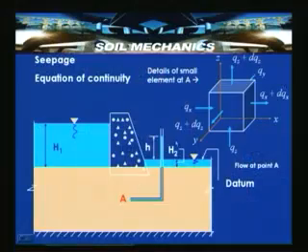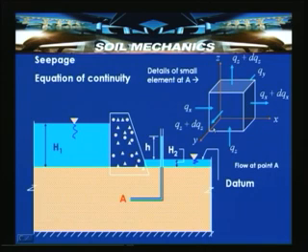But while deriving the equation of continuity, let us assume a perfectly anisotropic condition, like Kx is not equal to Ky is not equal to Kz, where Kx, Ky, Kz are the coefficients of permeability in the x, y and z directions.